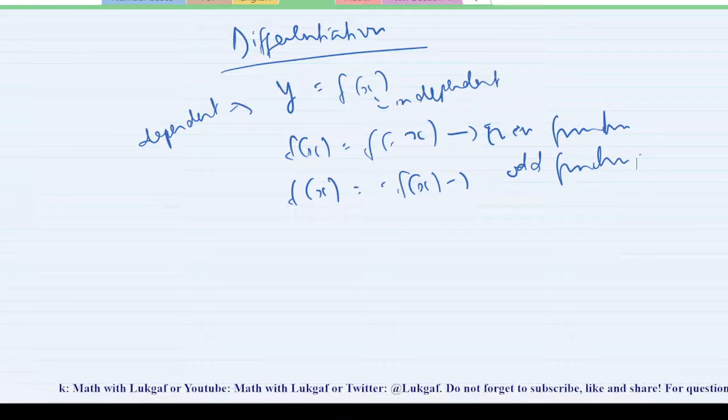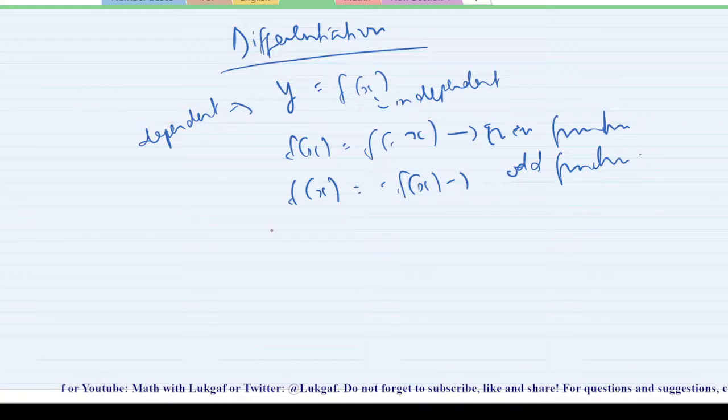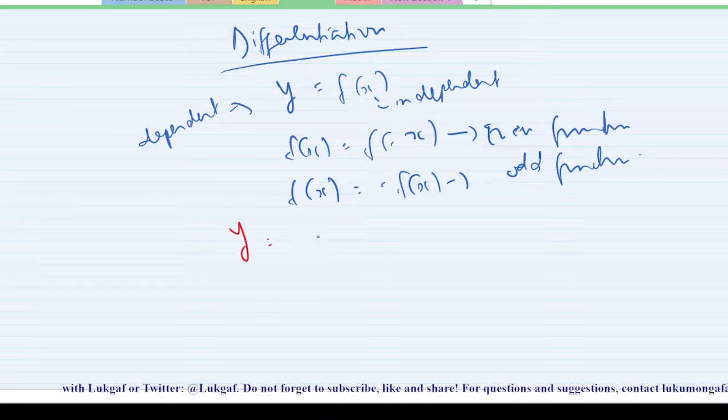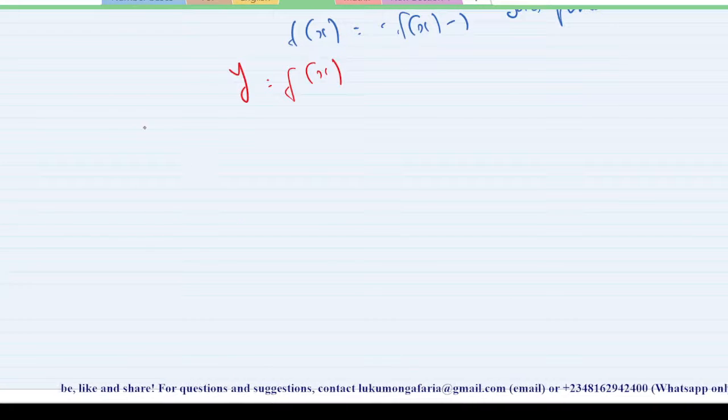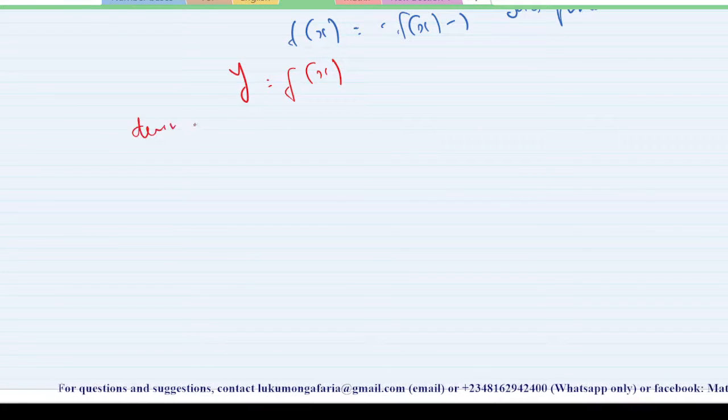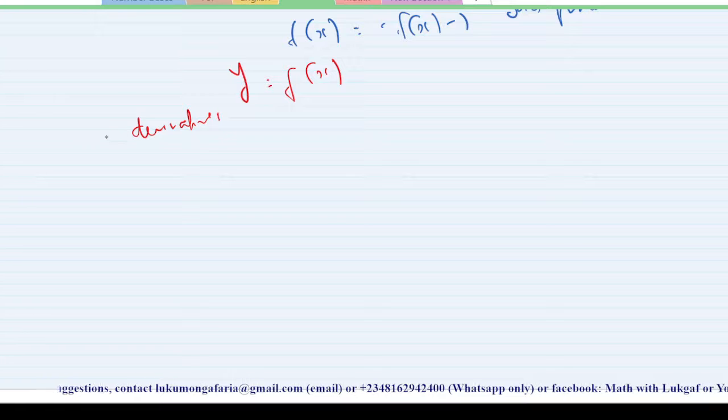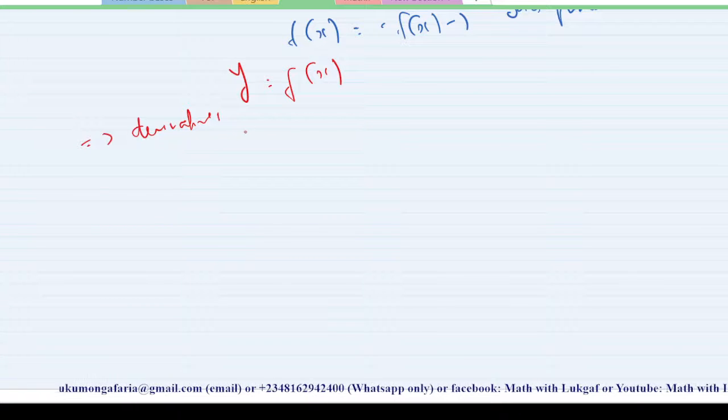What do you understand by differentiation? For example, if I have y to be a function of x again, so the derivative, let me say your differentiation, which is also called derivatives.